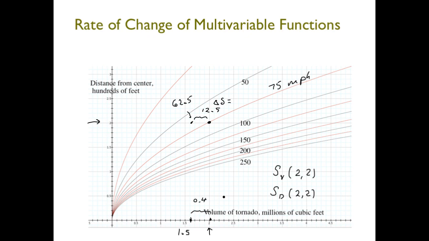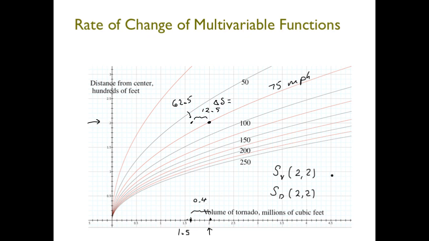So how would we get the rate of change, the partial derivative, then? You could do it on the left side of the point, on the right side of the point, or do both and average them. This is all just estimating. Basically, near that point, we're looking for a change in wind speed, which we get from the contour lines. From here to here was a change in wind speed of 12.5. The corresponding change in volume was 0.4.